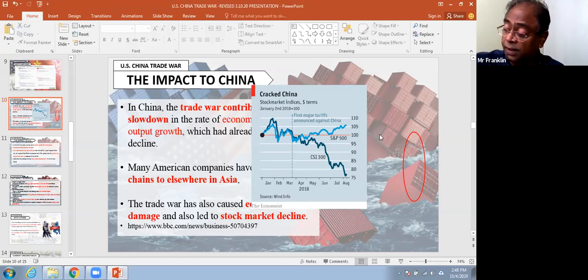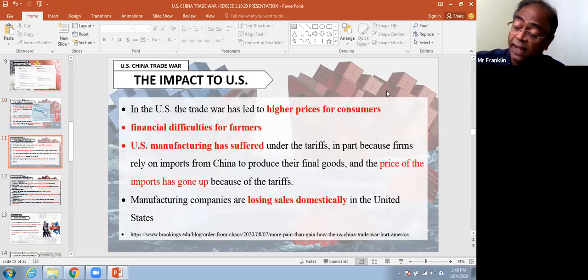Another thing just before I let you go: don't read from the slides too much. For example, here the third point is a lot about suffering under tariffs. You don't have to read the whole thing. You just say that manufacturing has suffered.